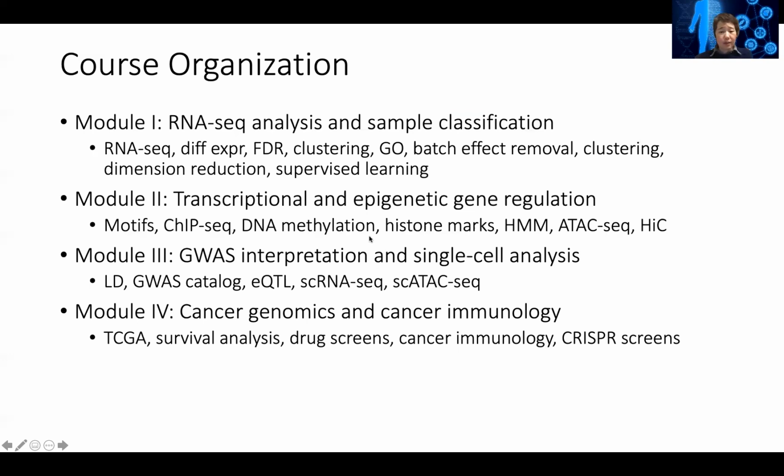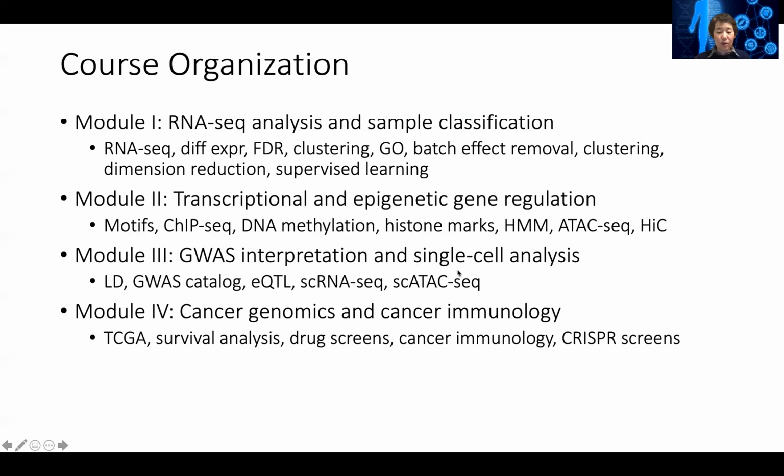The third module, we will cover GWAS interpretation and single cell data analysis. There are courses, a whole semester course, to cover GWAS. So we are only going to use 2 lectures to cover this. So we'll make them really brief, to give you basic information and a basic idea of what a GWAS study is, what SNPs and LDs are, what some of the public resources to evaluate GWAS are, and how people use functional genomics data or epigenetics data to interpret a GWAS result.